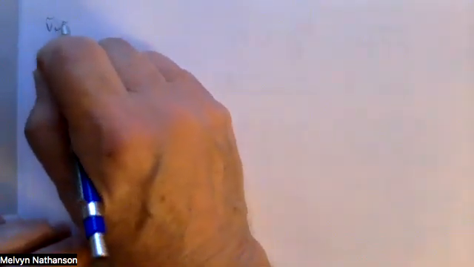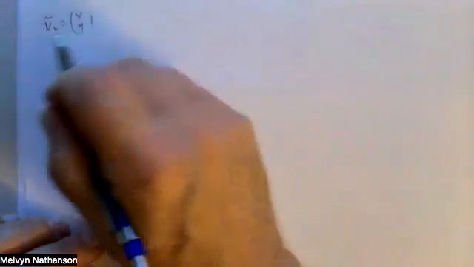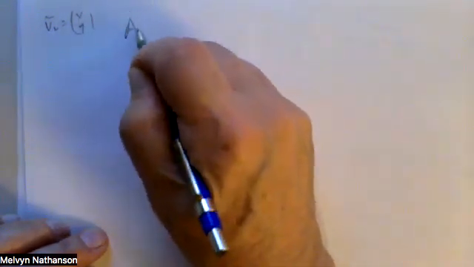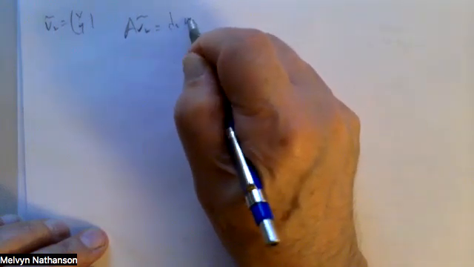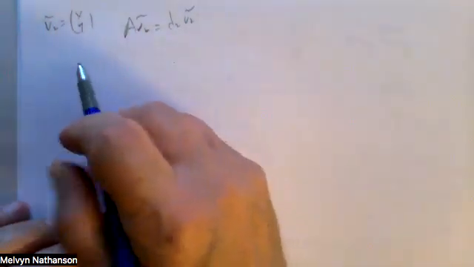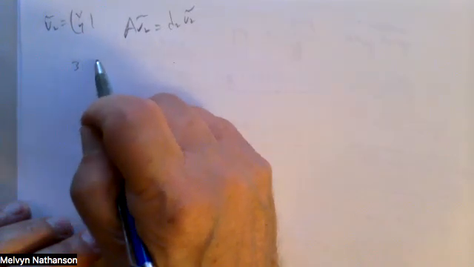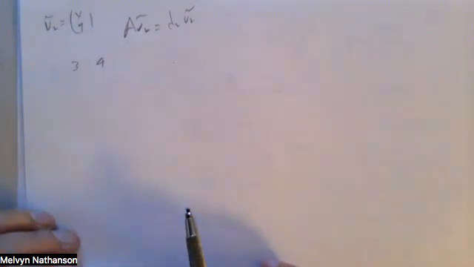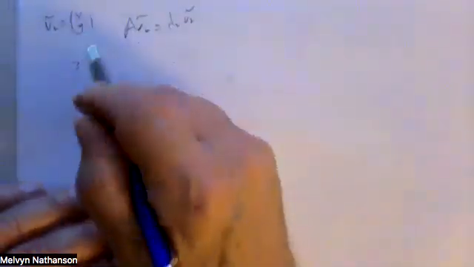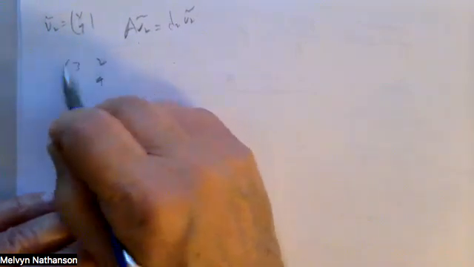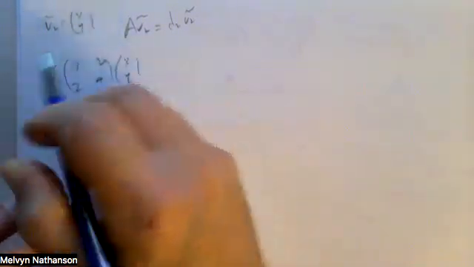So we want to find a vector (x, y) so that v2 tilde is (x, y). We want to find this vector v2 tilde such that A v2 tilde is lambda 2 times v2 tilde, where my matrix is [3, 2; 2, 4] times (x, y).